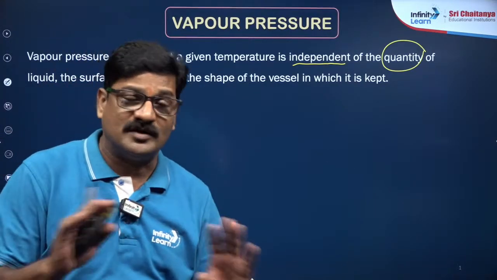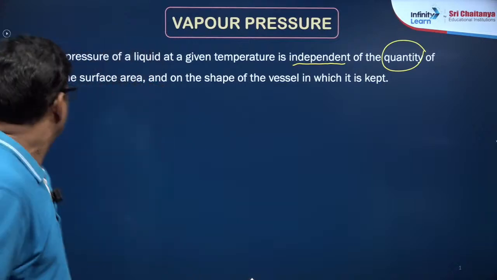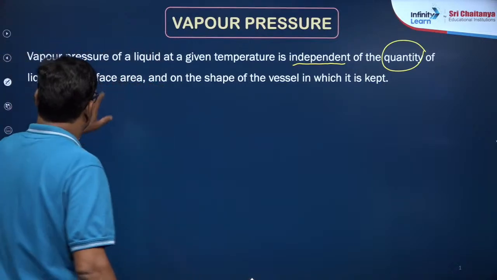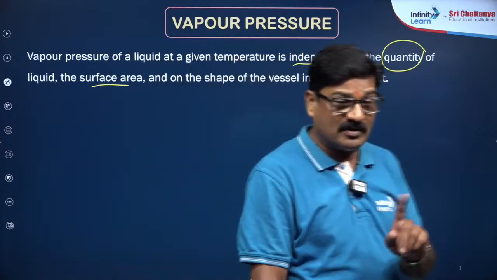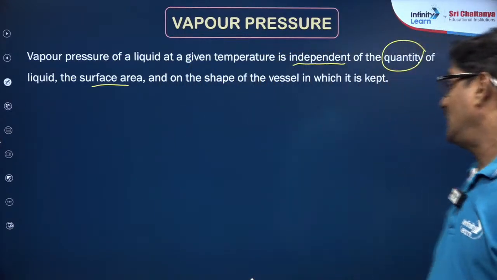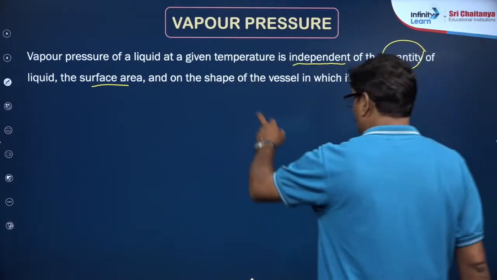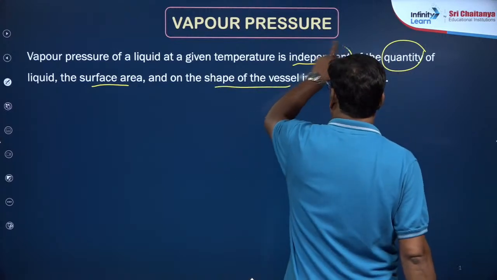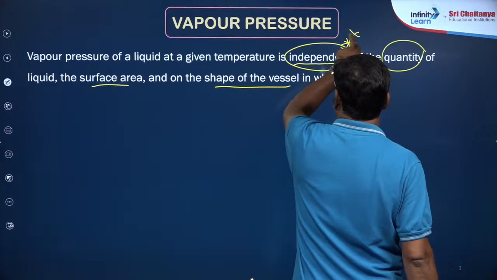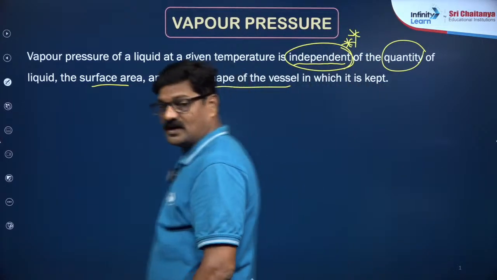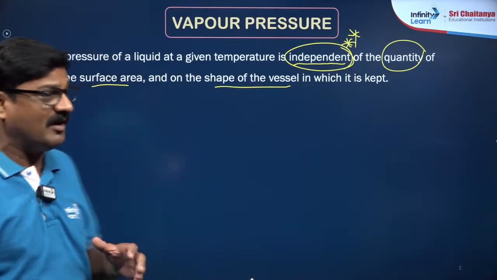So it does not depend on the quantity. And for surface area, the rate of evaporation may increase with surface area, but not vapor pressure. It is also independent of the shape of the vessel. This point is very important, because in an examination like NEET a question can be asked.